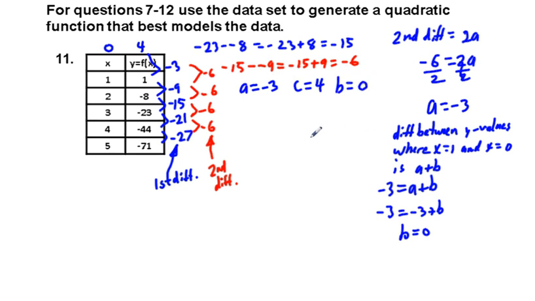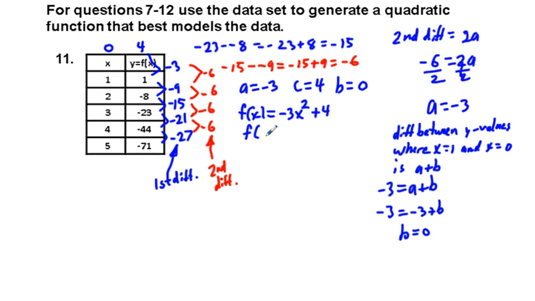Now we can just try this out. We're going to get, accordingly, f of x equals ax squared. Well, a is -3, x squared. We have b is equal to 0, and so c is going to be plus 4. So really, that should be it, and we can just try these out.